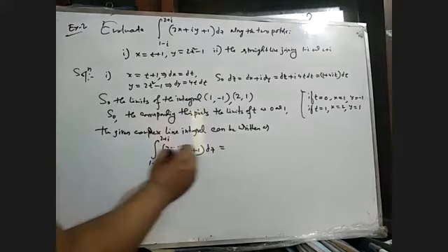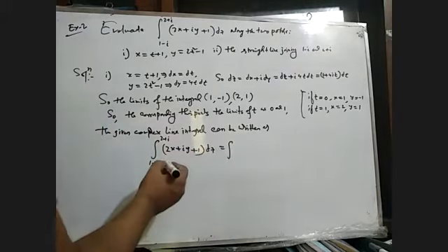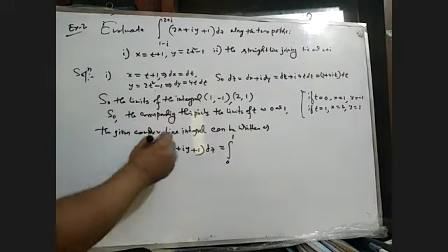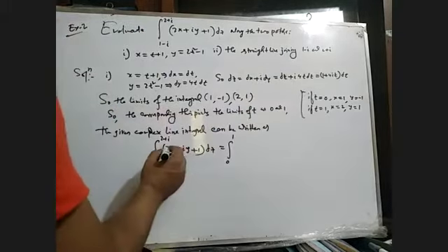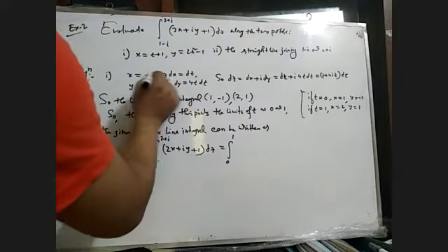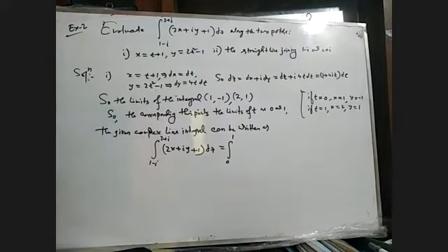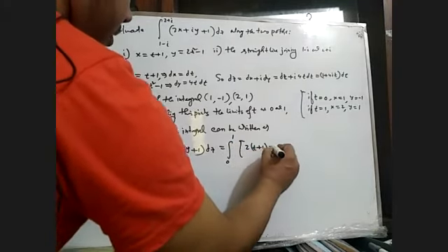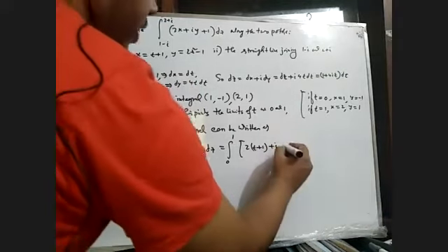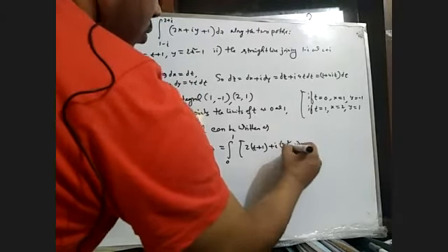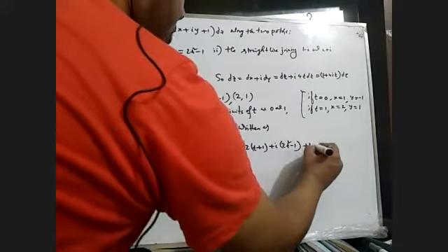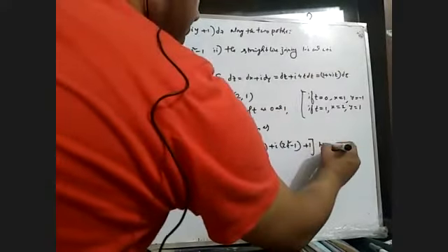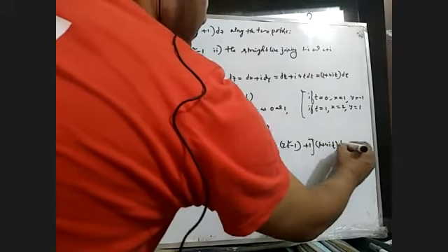We are transforming to parameter t. T varies from 0 to 1 for these 2 points. So 2x value is 2t plus 1, so 2t plus 1 plus i, y value 2t square minus 1, 2t square minus 1 plus 1. And dz value is 1 plus 4it dt.